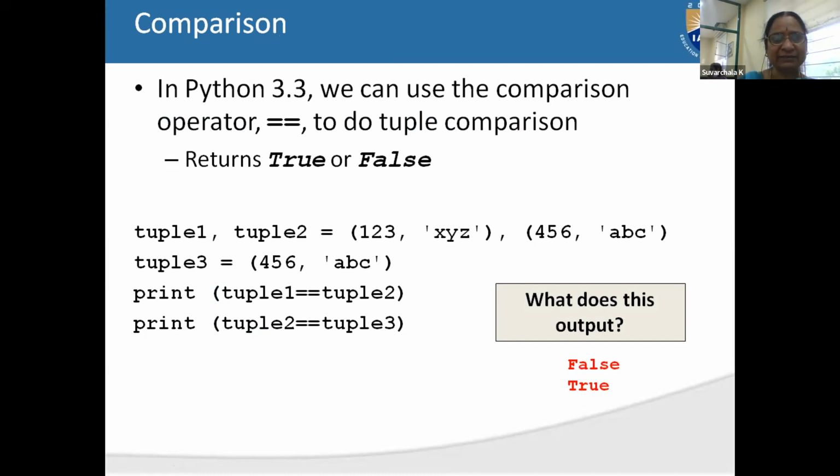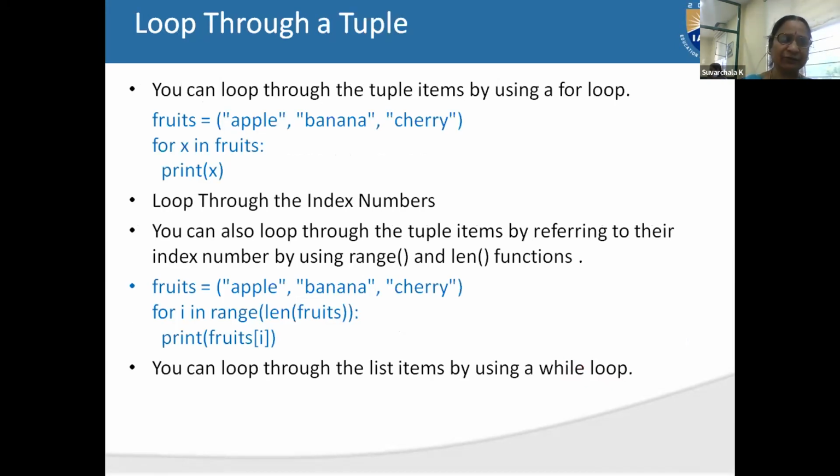Like that, two tuples can be compared by using the equality symbol, right? I'll give a small test: whether comparison with less than and greater than is also possible or not. Check yourself. Equality we have done. Is it possible for tuples, T1 greater than T2, less than T2, like that? Please check once.